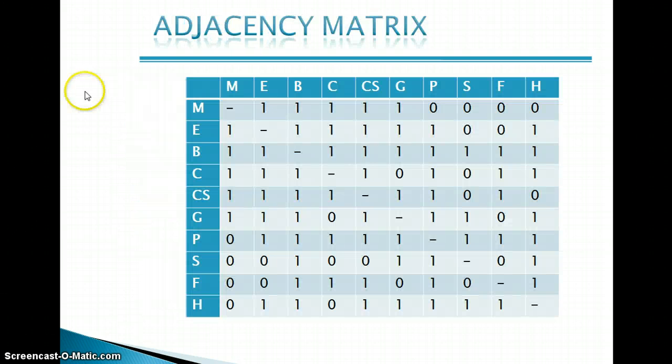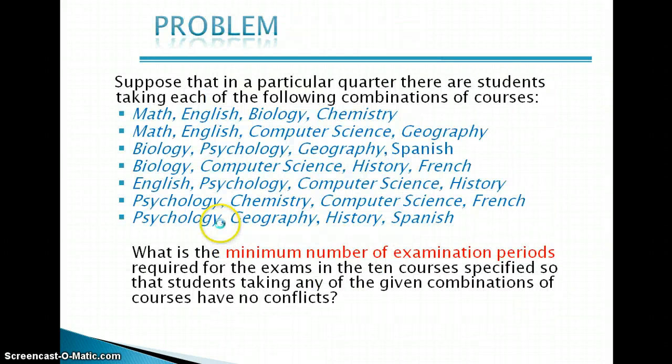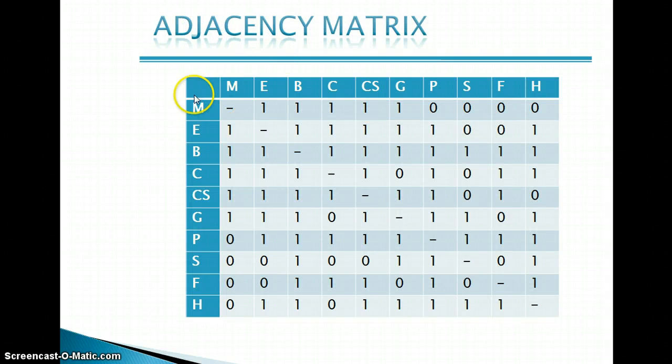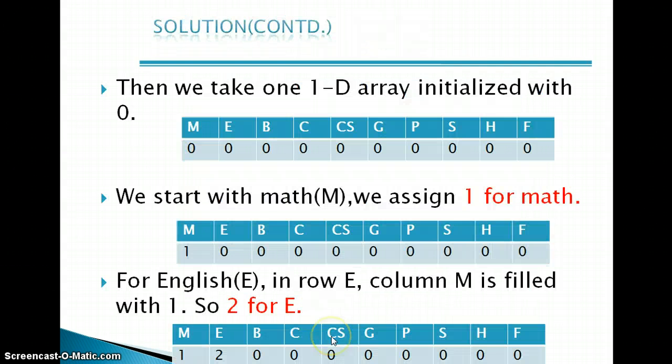So what we do is first generate an adjacency matrix. We write each of the subjects in the rows as well as in the columns, and for each combination we write what the combinations are. Based on that we take a 1D array, and start with the first exam, math.